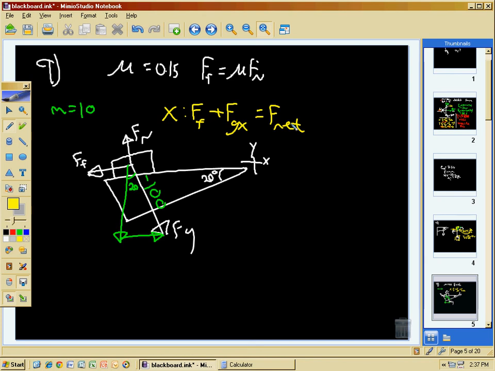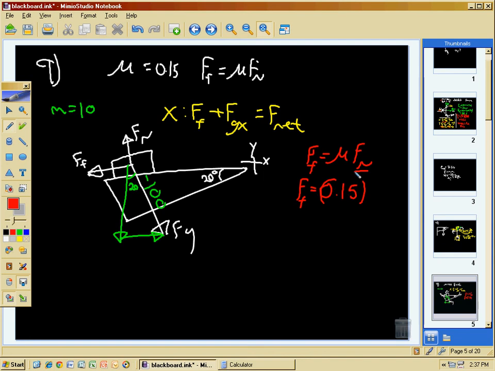We can't use this. Luckily, we know the frictional equation. We're looking for the force of friction. We know the coefficient of friction. What we don't know is the normal force.